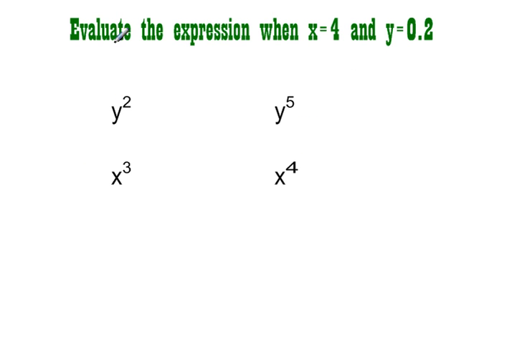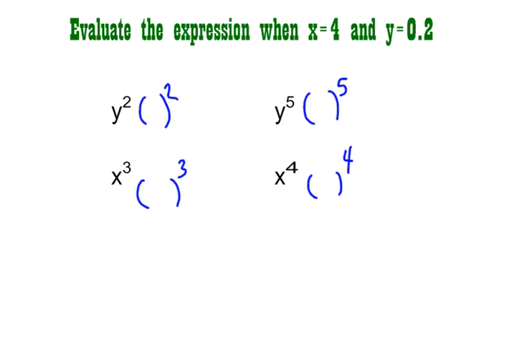Now here we are being asked to evaluate the expression when x is 4 and y is 0.2. So every place that I see a variable, I will write a bubble, bubble to the 2nd power, bubble to the 5th power, bubble to the 3rd power, bubble to the 4th power.